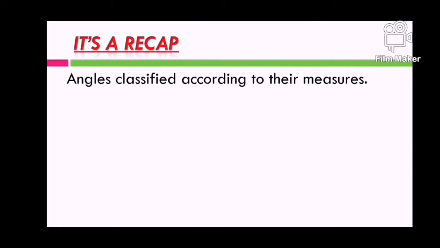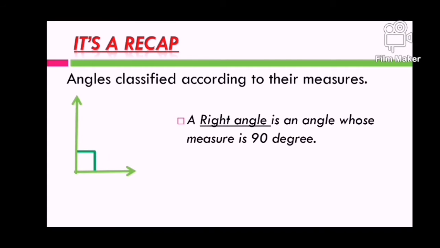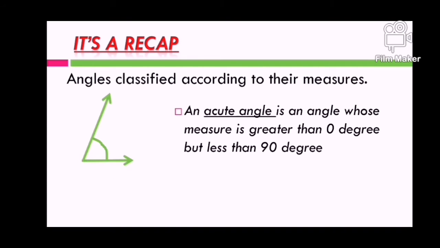Let us have a recap of what we have discussed last time. Angles are classified according to their measure. So we have a right angle. It is an angle whose measure is 90 degrees. Another angle is an acute angle.